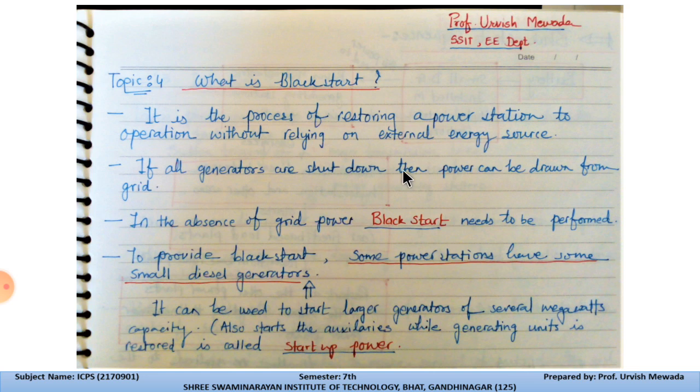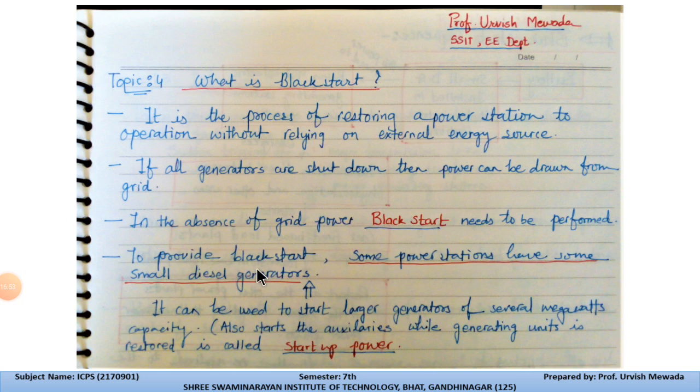Normally, if all generators are shut down, then power can be drawn from the grid. We can take that power to start the generator. But in the absence of the grid, if there is a blackout, the black start must be performed, because if there is no grid supply, we require a DG set system or other external sources to start that unit.